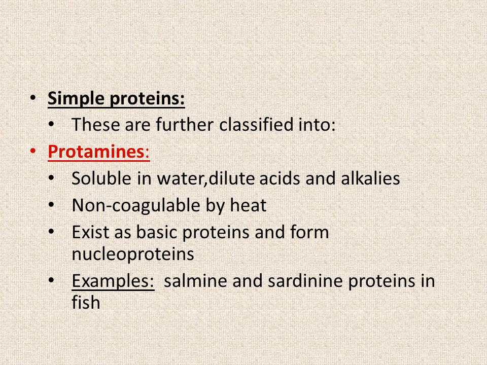Simple proteins are further divided into different categories, the first of which are protamines. Protamines are soluble in water, dilute acids and alkalis, and they are non-coagulable by heat. One very important property of protamines is that they are basic proteins, that is, they have a basic nature, and these are basically nucleoproteins, which means that they are present inside the nuclei in combination with nucleic acids.